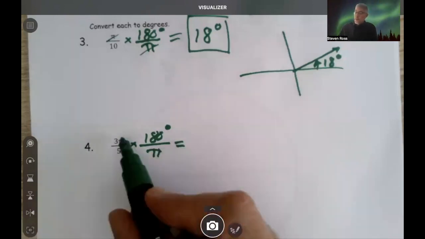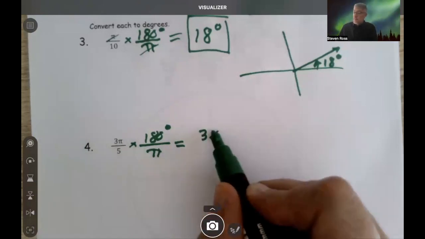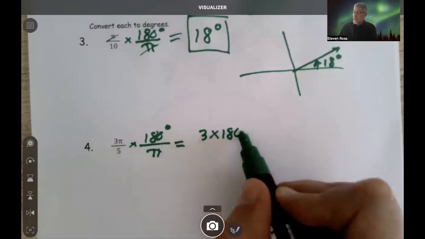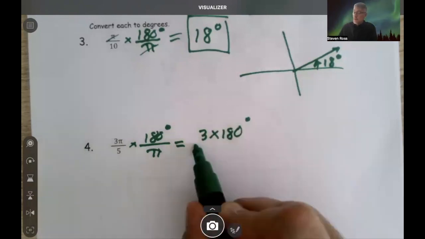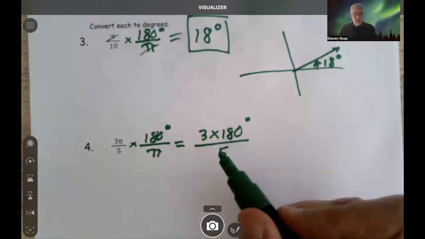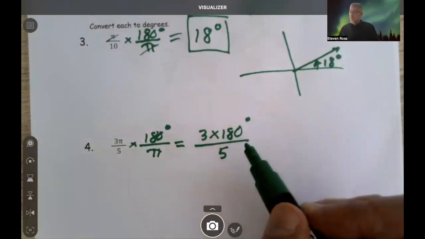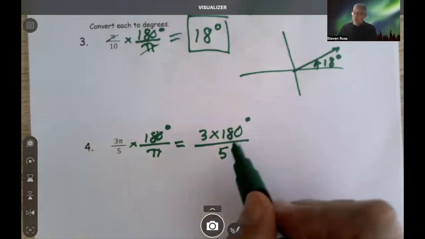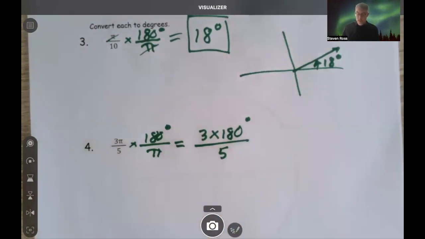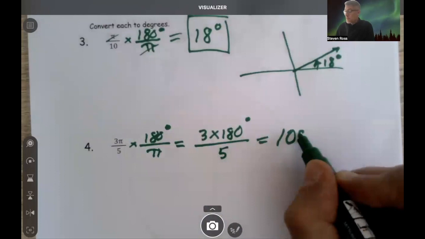I do know that the pi's are going to cancel, and I'm going to have 3 times 180 degrees over 5. We can divide by 5 first, or we just do 3 times 180 and divide that by 5. And that gives us a 108-degree angle.